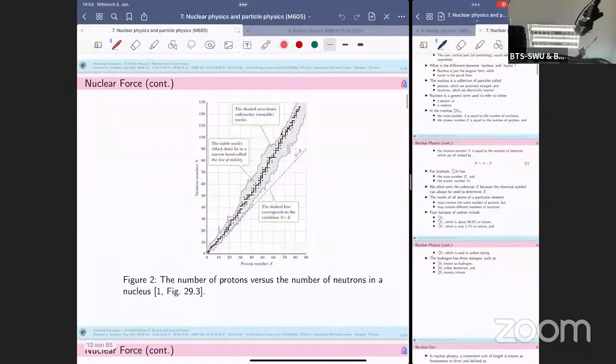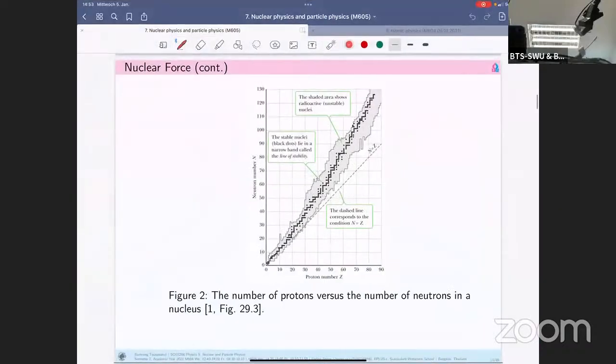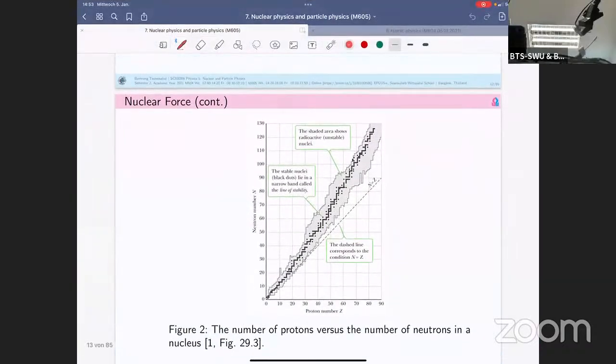And what happens if we plot the number of protons, so the bigger element actually. When the element is bigger, because the number of protons increases, right? We're going to have bigger elements along the x-axis here. And the neutron number is shown on the y-axis, because neutron number is independent.